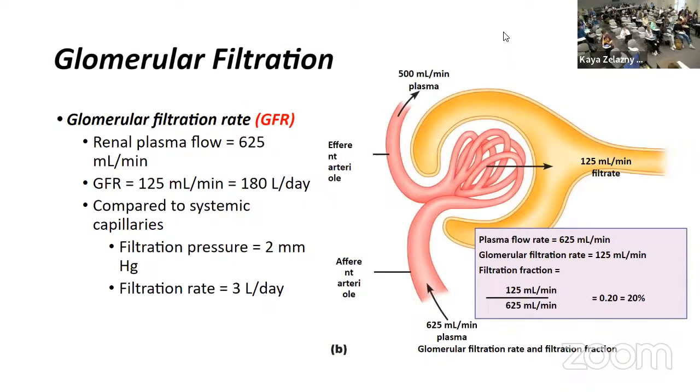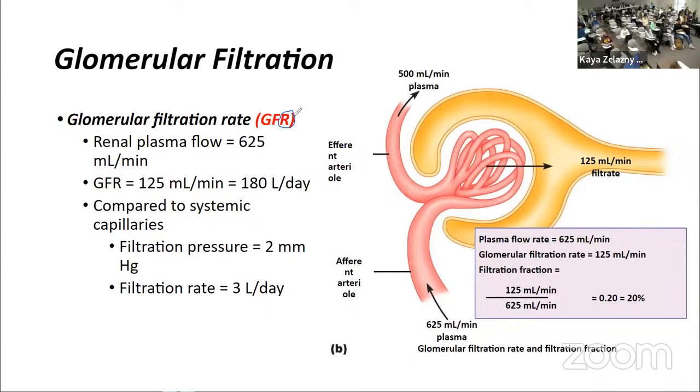Now we're going to think about a rate, okay? So we know now the forces that are creating filtration, the forces that are forcing fluid into the nephron, into the kidney. Now we want to think about how much fluid, how fast, okay?